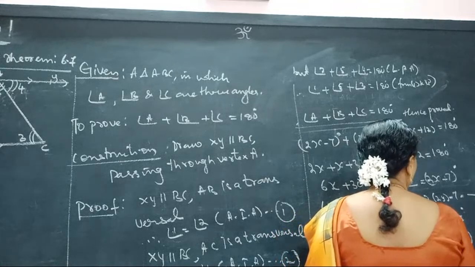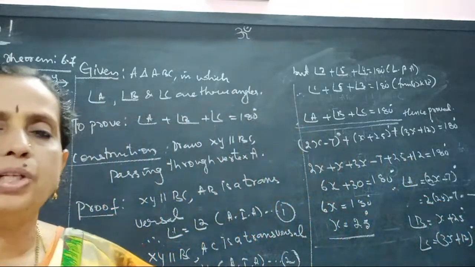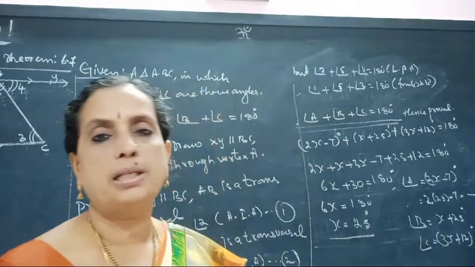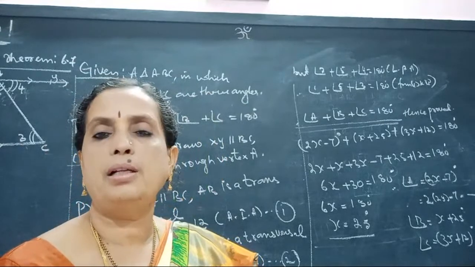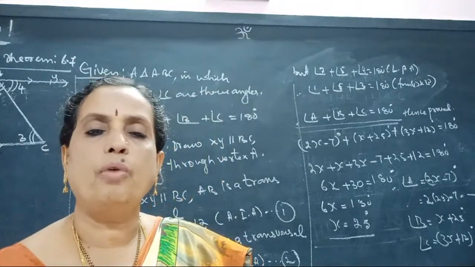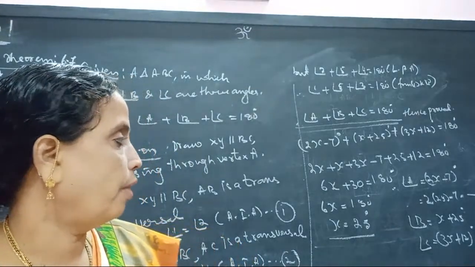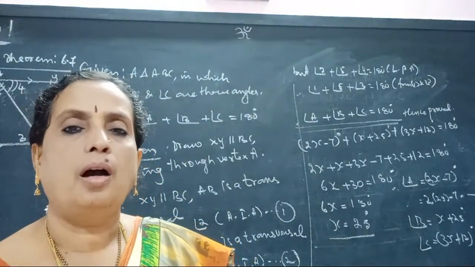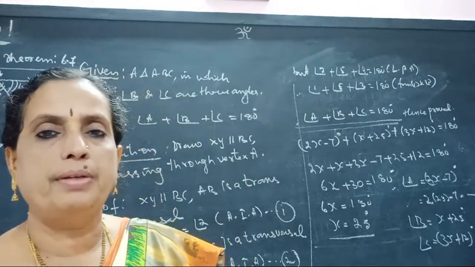That is, keeping the value of x as 25, find the measures of A, B and C. Later, add the three angles, which should equal 180 degrees. Come on, give me the measures of A, B and C after substituting x as 25 degrees.